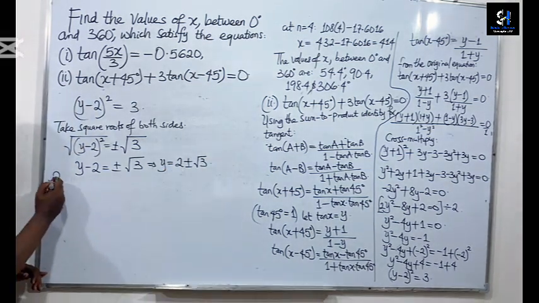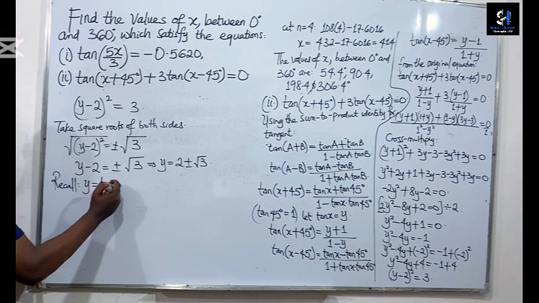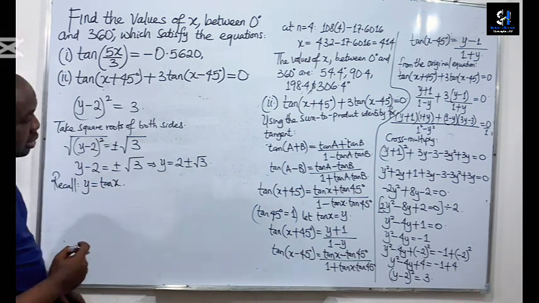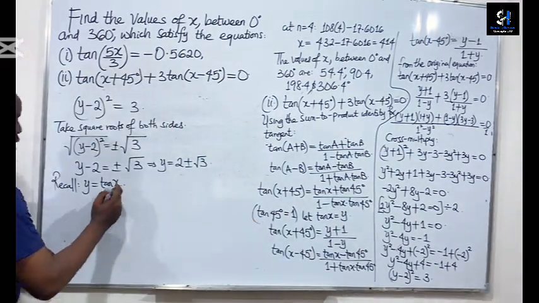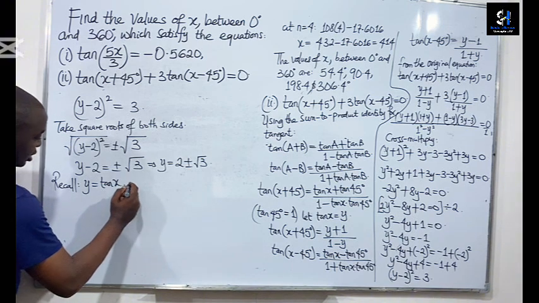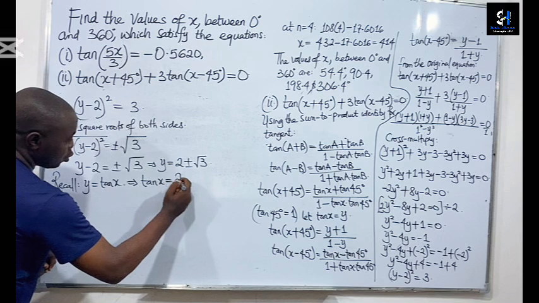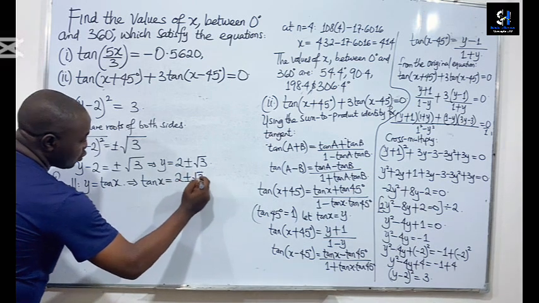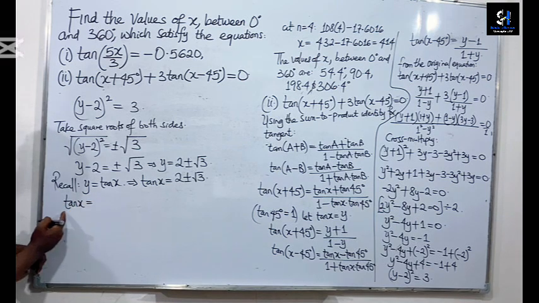Now, let's recall that y is equal to tan x. So this implies that tan x is equal to 2 plus or minus root 3. Which means we have two values of tan x.